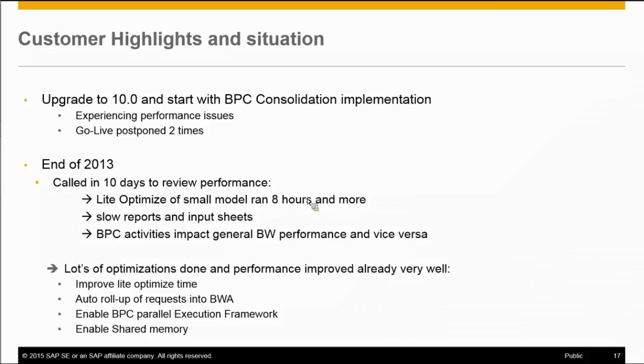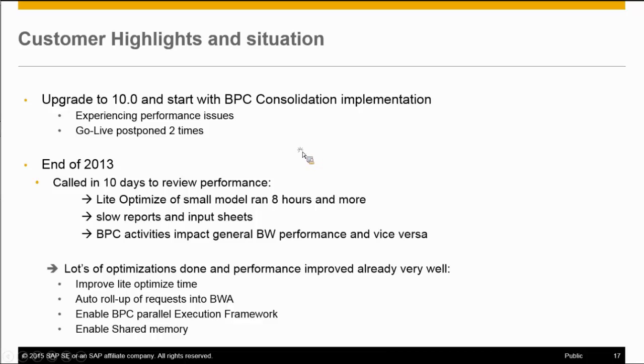So there was quite a heavy performance impact of ongoing BW jobs when BPC was active and vice versa. So back then we already did a lot of optimizations. We improved the light optimizing time, auto rollup of requests into BWA, etc., activated the BPC parallel execution framework, and so on and so on.